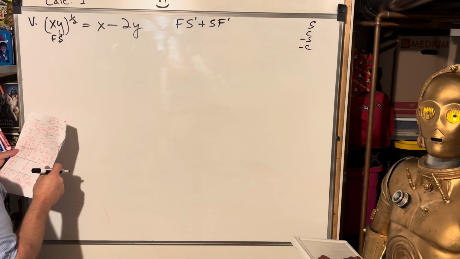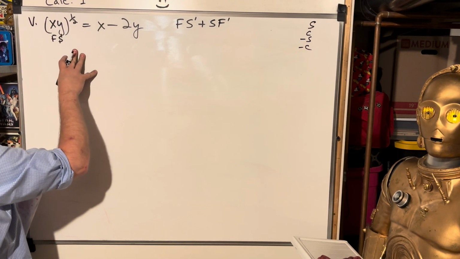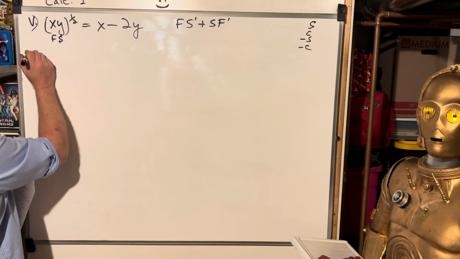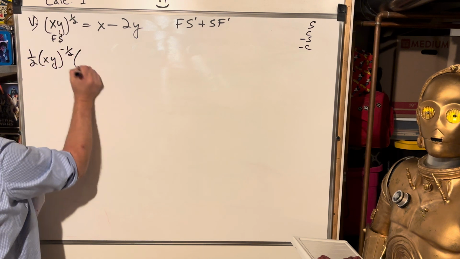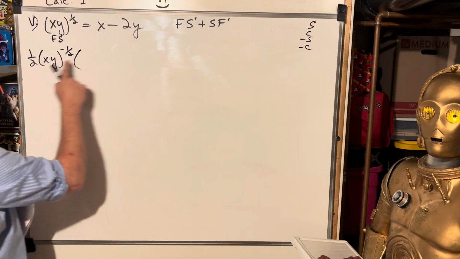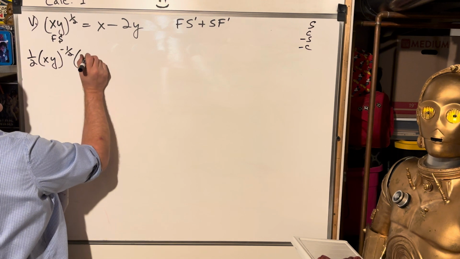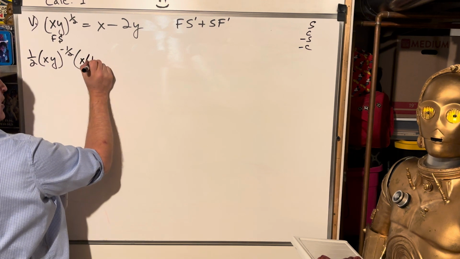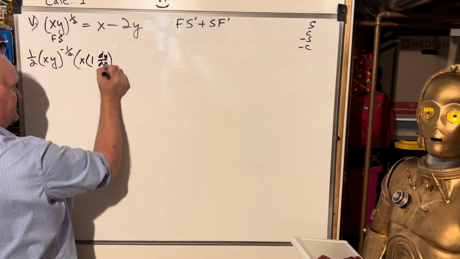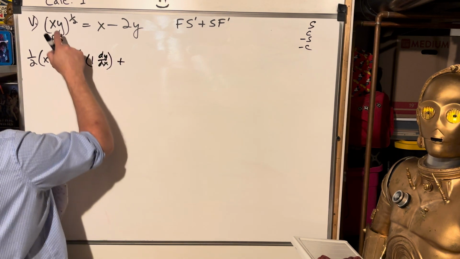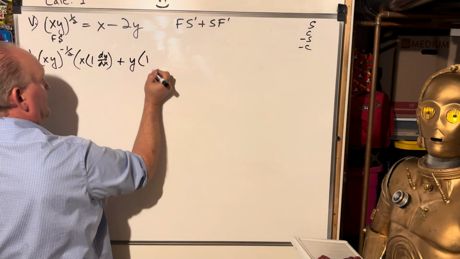Alrighty-dighty, so remember how this all works. First, we've got a chain rule thing going on here, so we've got to do the 1/2 xy inside to the negative 1/2, and then times the derivative of that. And so now I'm going to have to do this. So first x, derivative of second is 1, but then dy dx, plus second y times the derivative of the first 1.